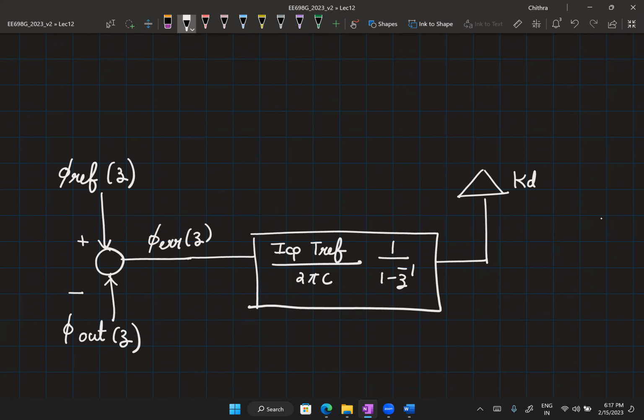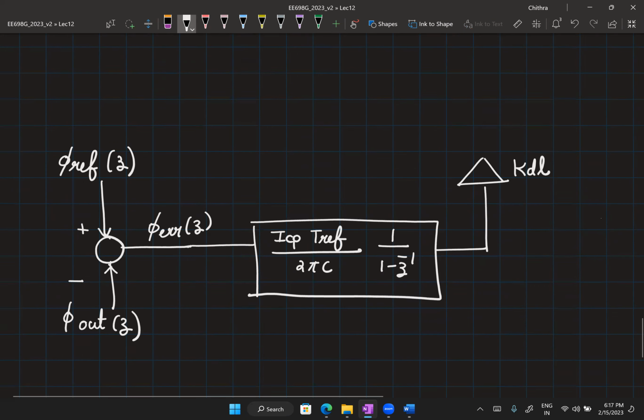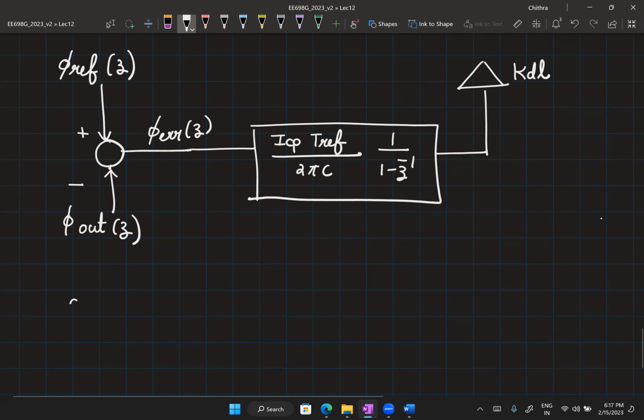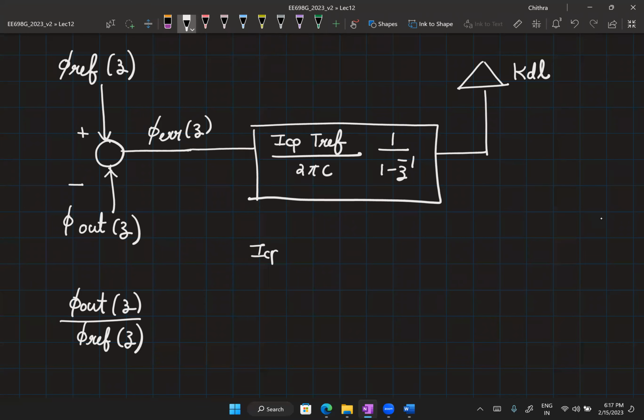So if you have already derived this, please calculate phi out of Z by phi ref of Z. You can assume that ICP T ref by 2 pi C into KDL, call this variable some alpha, and then derive it.